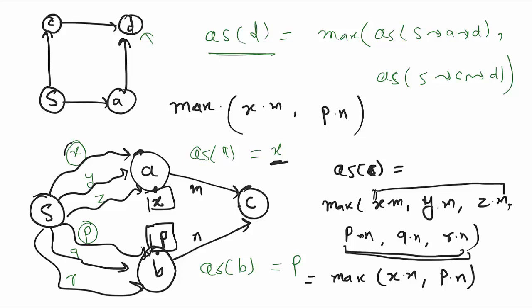Similarly, in this example, if there are two paths, we can find the quality score of A and the quality score of C, and use those to directly find the quality score of D, instead of computing the whole path S to D again. We save the quality score of C, and then find the quality score of D using the saved computation.